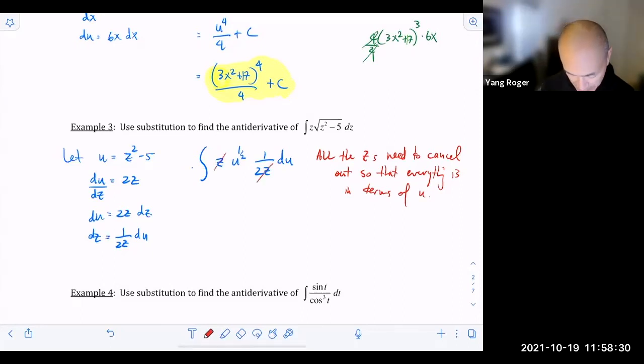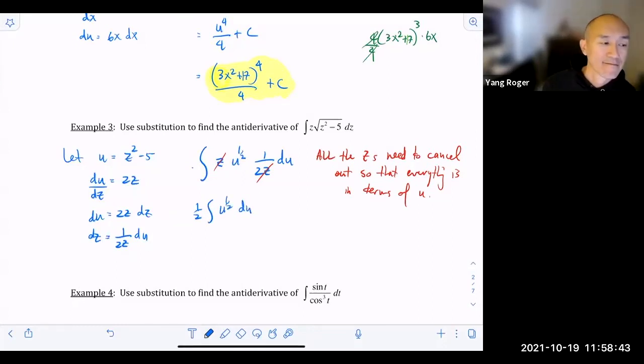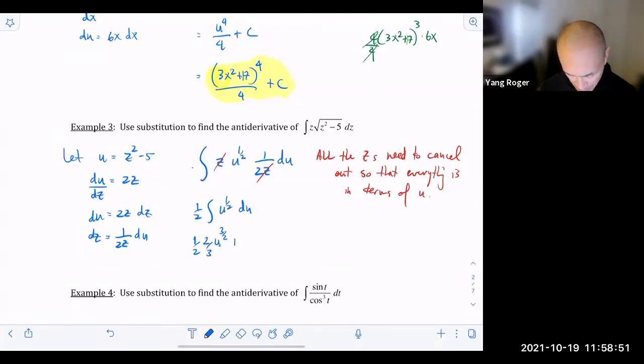The z here and the z here cancel each other out. So our integral becomes 1/2 integral of u to the 1/2 du. And now we can just integrate. You get 1/2 u to the 3/2 times 2/3 plus c. That's equal to 1/3 u to the 3/2 plus c.